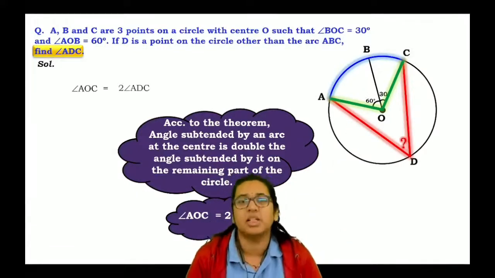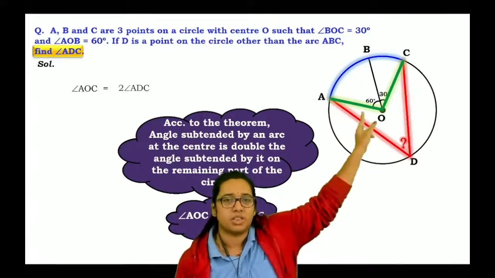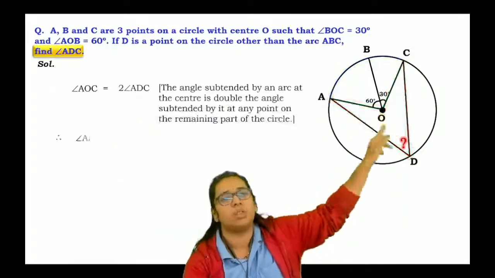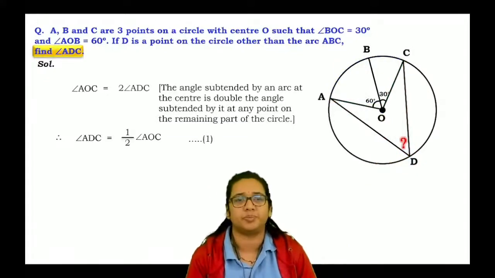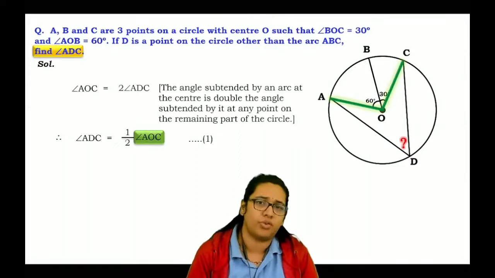If it is the case, then we can say that measure of angle AOC is twice the measure of angle ADC. Okay, that is ADC is nothing but half of AOC.